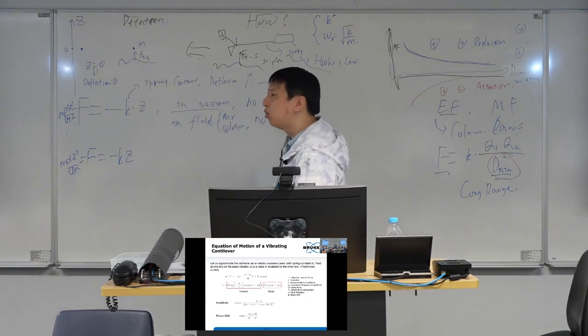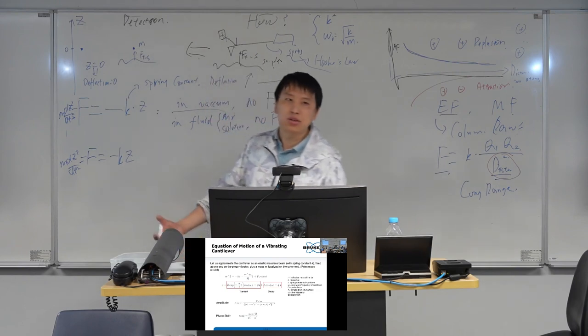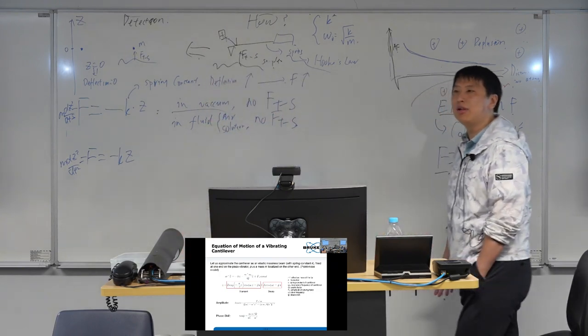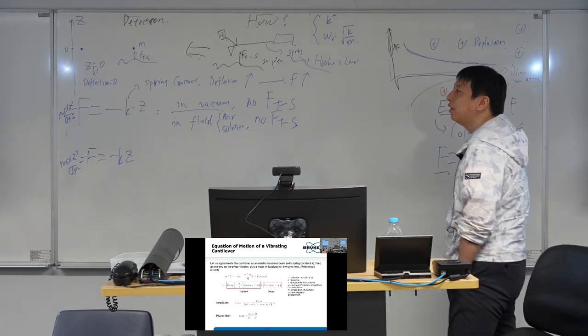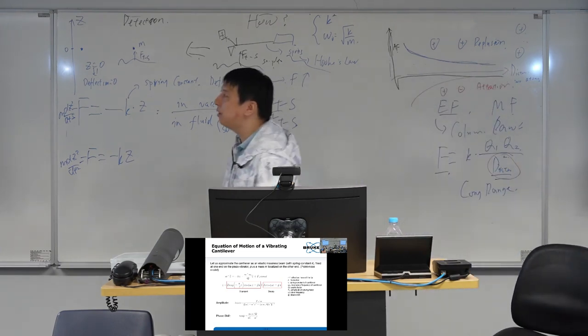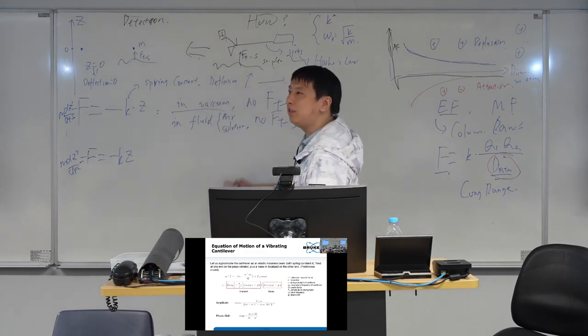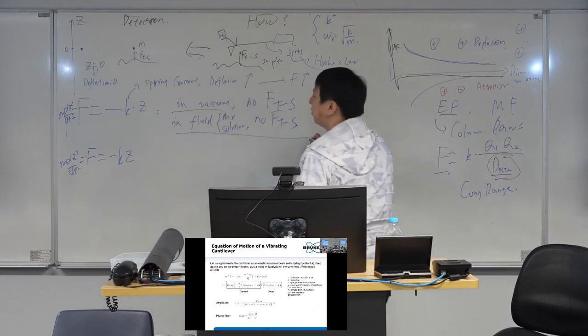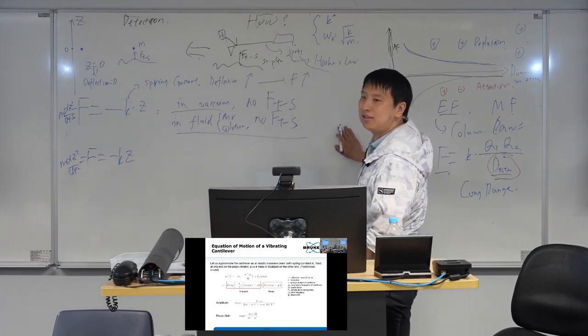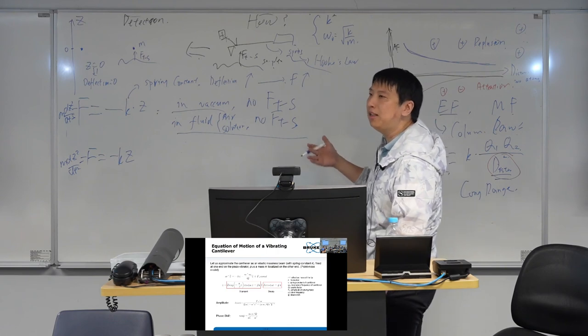What's next? We would have a hydrodynamic force caused by the fluid. This kind of hydrodynamic force, usually we will define it in this way. We would sense it in our daily life.